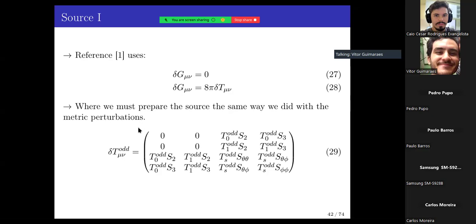The right part and the left part of the equation must be constructed in the same way. So this perturbed energy momentum tensor can also be decomposed into an odd part and an even part, and the decomposition is exactly analogous to what we did.